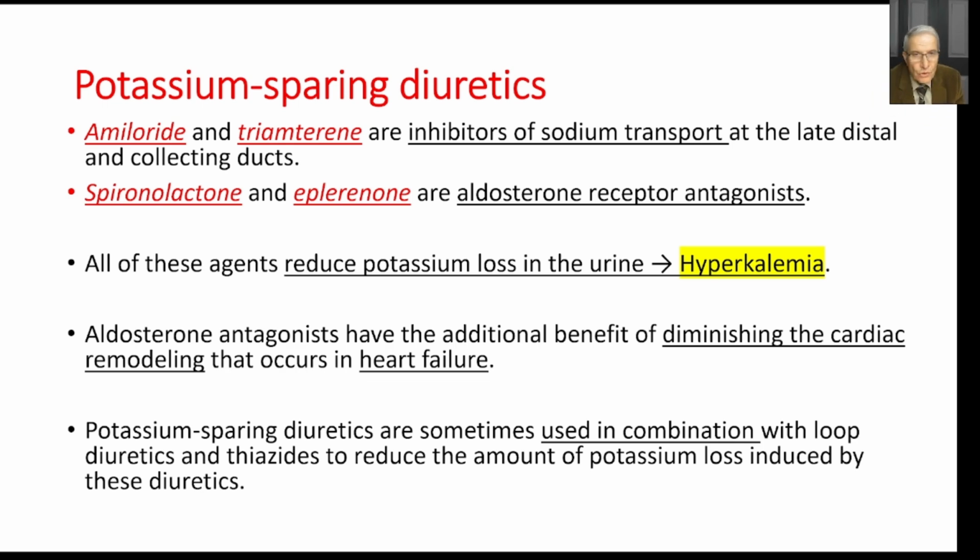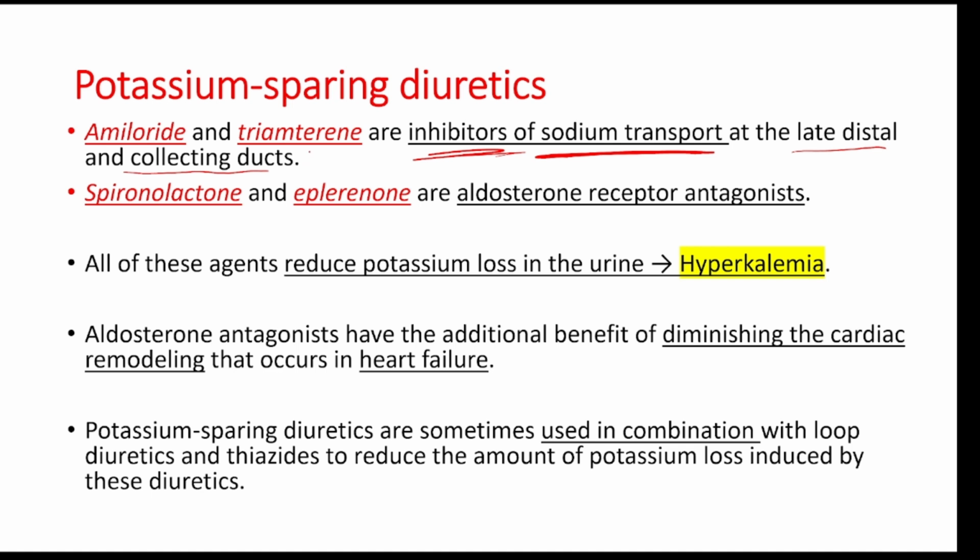Okay, moving to the potassium-sparing diuretics. We have two groups of medication. The first group affects the sodium transporter, inhibiting the sodium transporter in the late distal tubules and collecting ducts in the nephron.